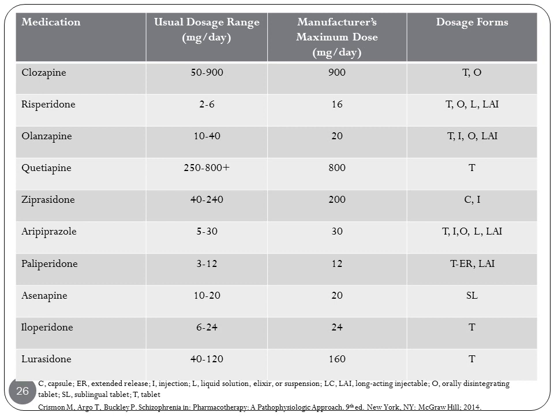Quetiapine is often dosed above the manufacturer's maximum recommended dose. I've often seen doses up to 1,200 milligrams per day. I also want to highlight that several of these agents are available in long-acting injectable formulations. We have risperidone, olanzapine, aripiprazole, and paliperidone available in long-acting dosage forms.